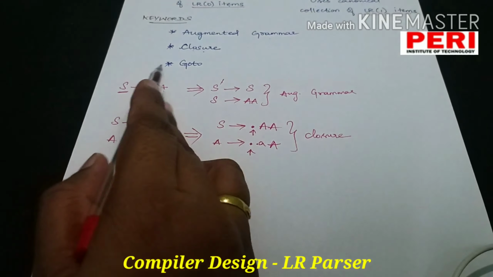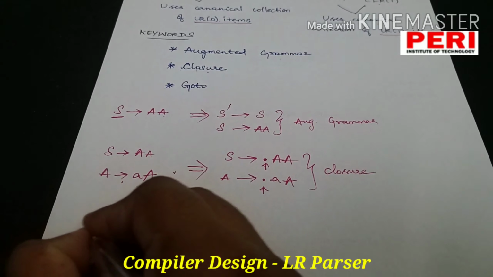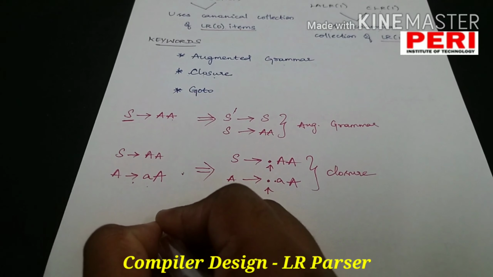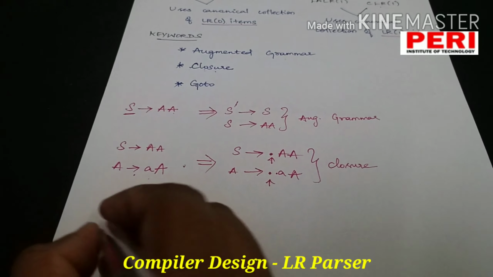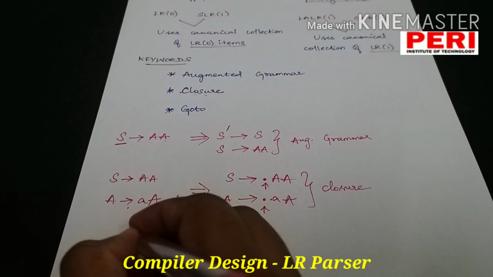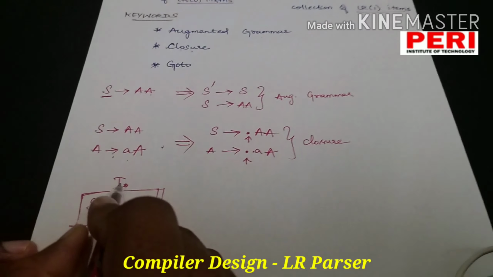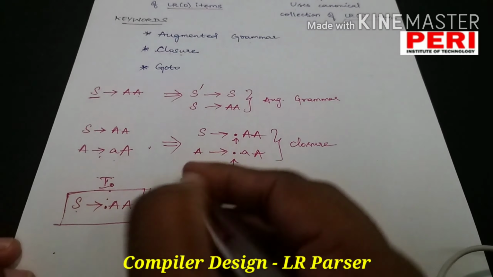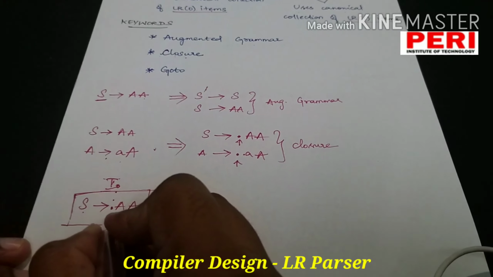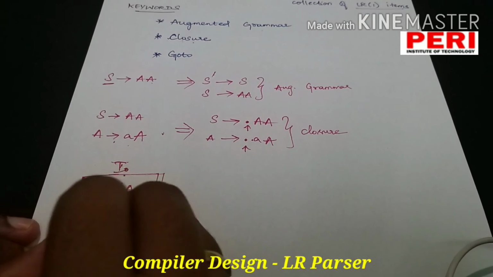And the next one is the goto operation. Take an example, S tends to dot AA. Consider it as state I naught. I am considering this production as a state, and I have named that state I naught. My target is to move this dot sign to the next position. How can I do that?